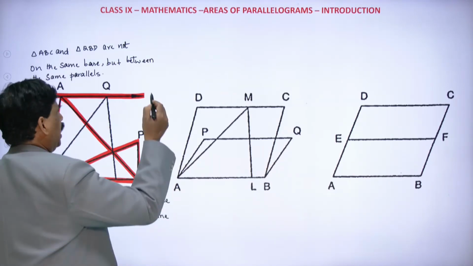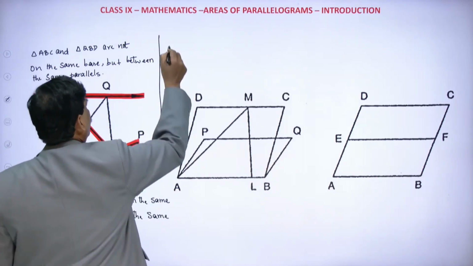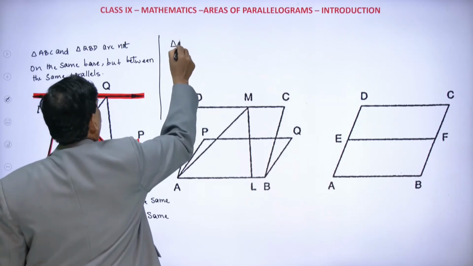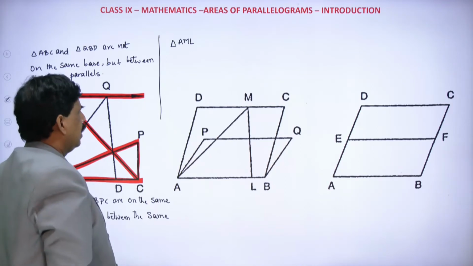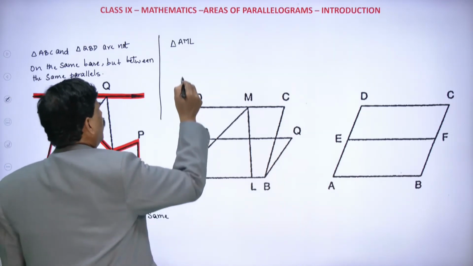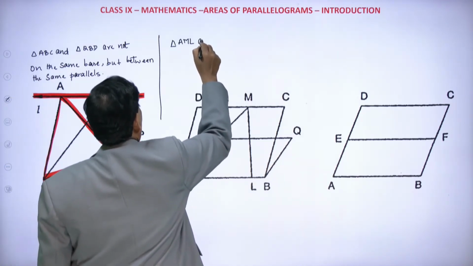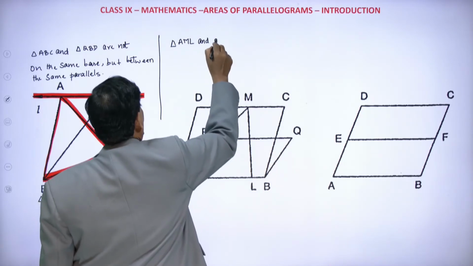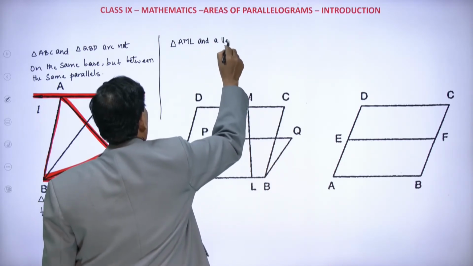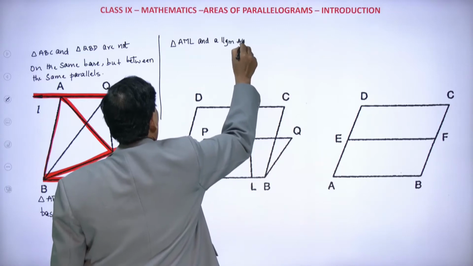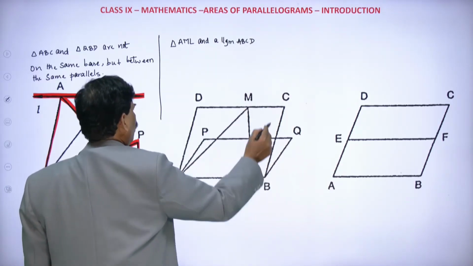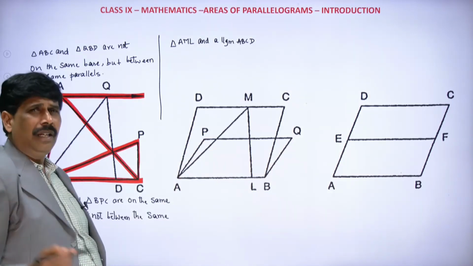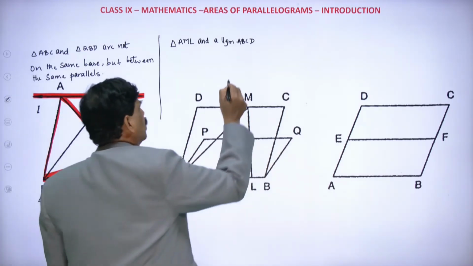So triangle AML and parallelogram ABCD are not on the same base.